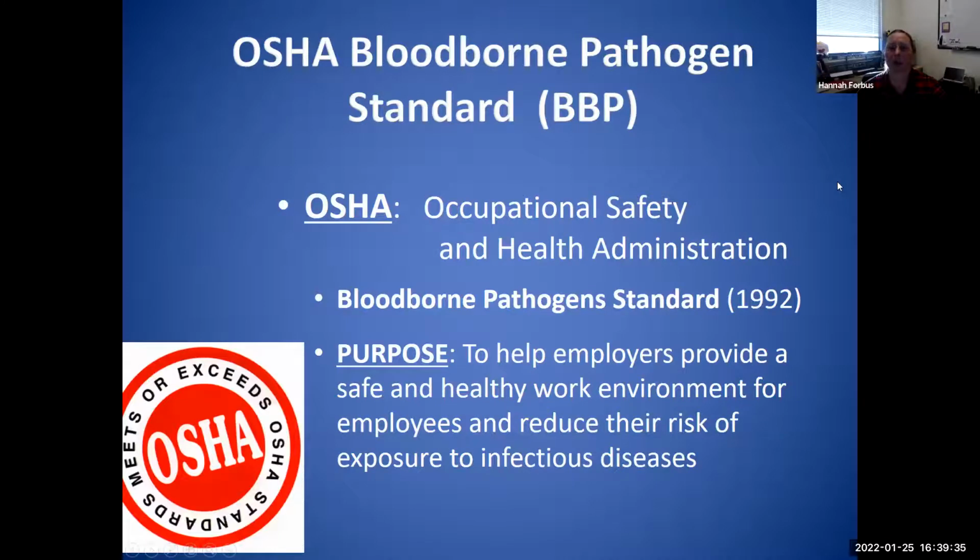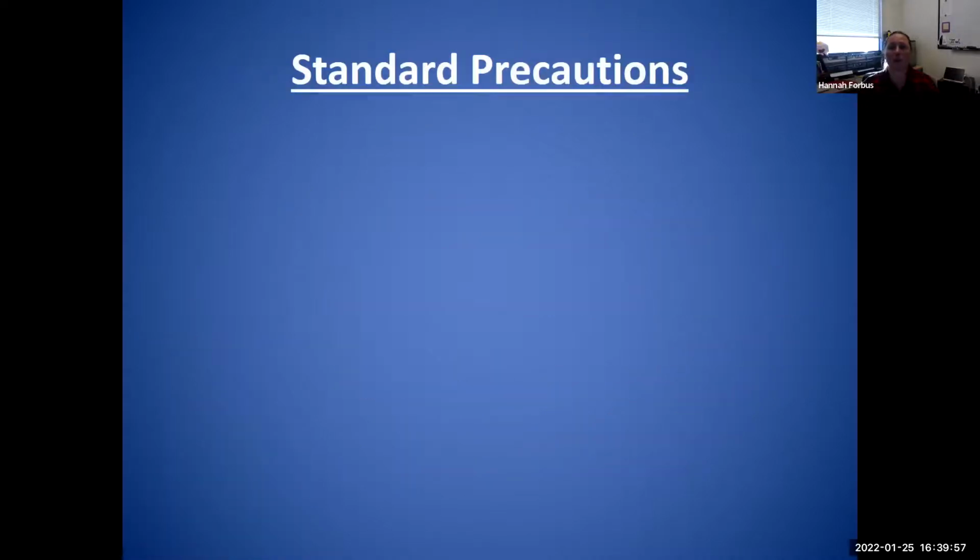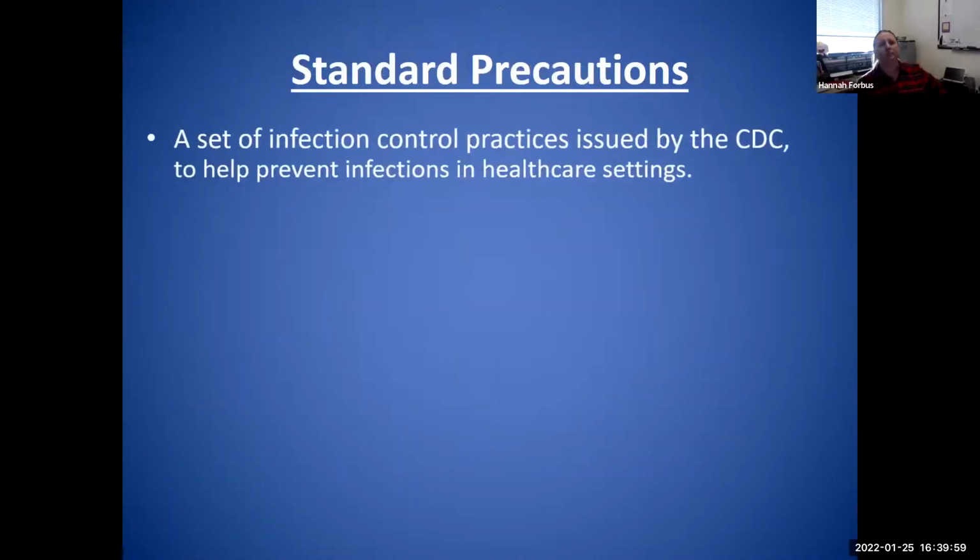Okay, so OSHA is the Occupational Safety and Health Administration. This is the governmental body that established the bloodborne pathogen standard in 1992 to help employers provide a safe and healthy work environment for employees and reduce their risk of exposure to infectious disease. So, standard precautions, more review.